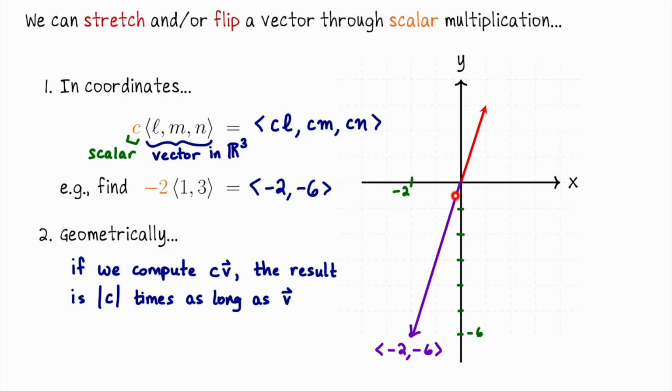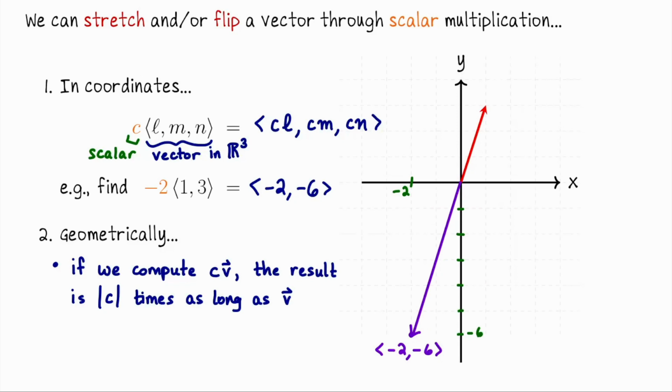The other observation to make is that the resulting vector that we graphed here is pointing in the opposite direction. What started as 1 positive unit to the right, 3 units up, got flipped to the left and down direction because our scalar c was negative. If c had been positive, we would have sketched 2, 6, and it would be pointing in the same direction.